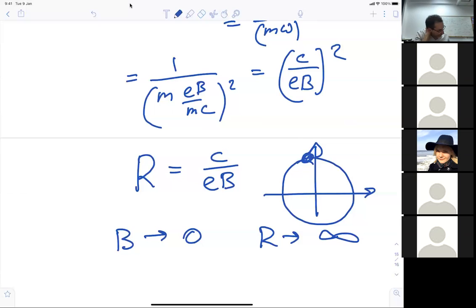Now, this is the classical picture. R goes to infinity means that P doesn't rotate. Maybe you can look at R going to infinity like P doesn't rotate if it can't complete a circle.